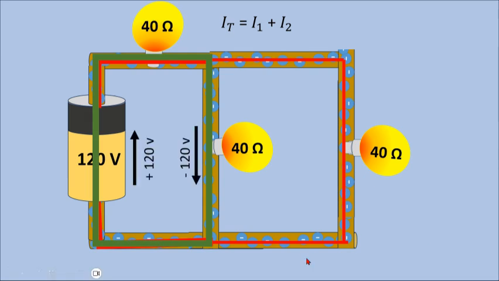The battery supplies 120 volts, which means that these two light bulbs have to drop 120 volts in total. So the voltage of light bulb 1, V1, plus light bulb 2, V2, has to equal 120, and that's another equation. We're going to leave it up there because it might become useful later.